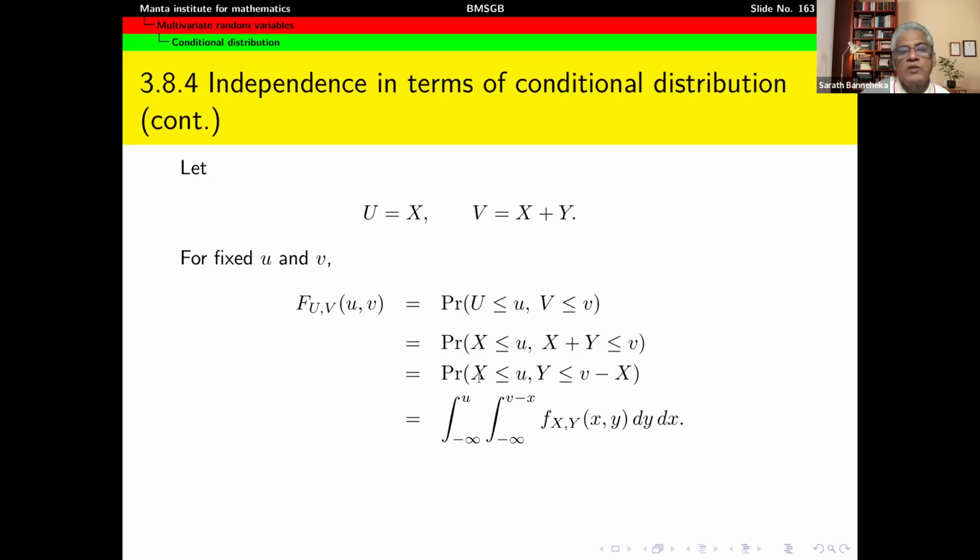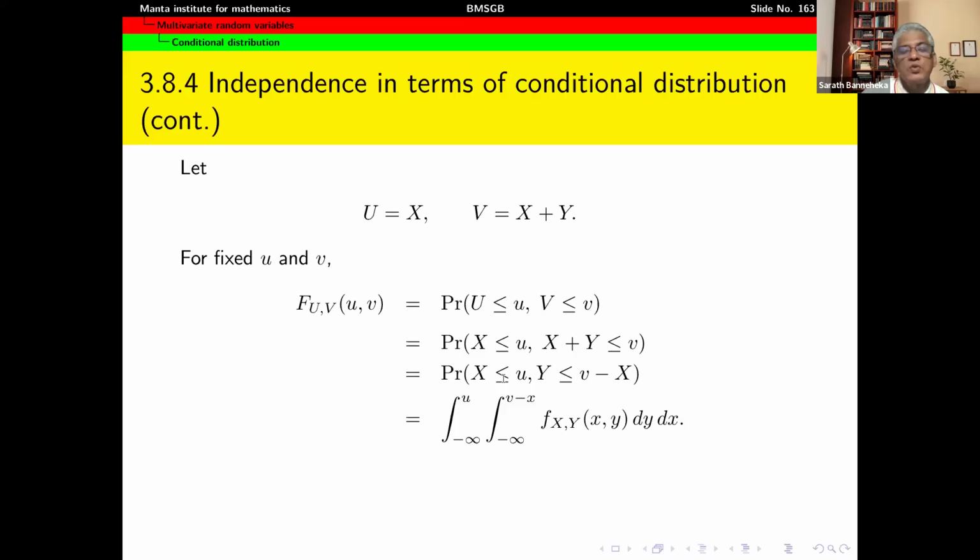So what we are looking at is a set of u and v values satisfying. Actually, we have to integrate the joint density with respect to x and y. So what we are looking at is an x, y subset of the support of the joint density of x and y. That's what we are looking at.